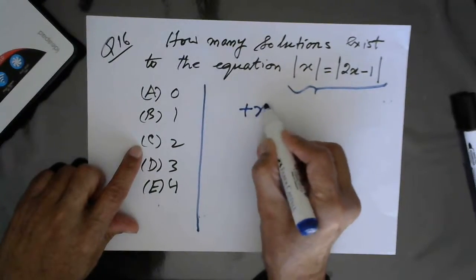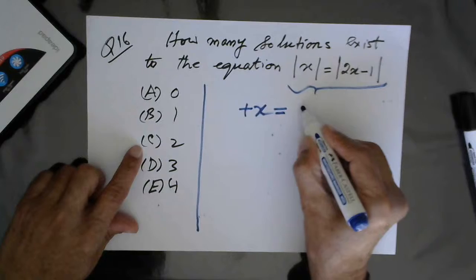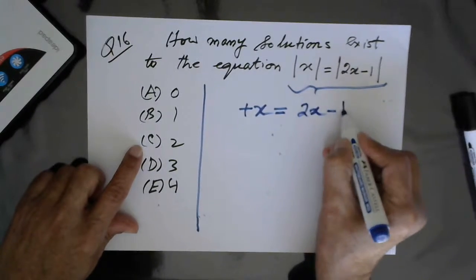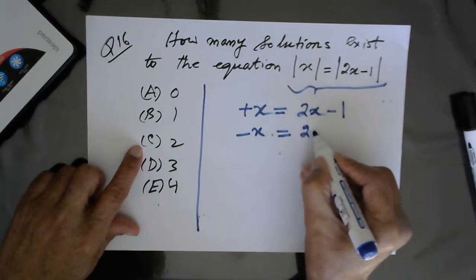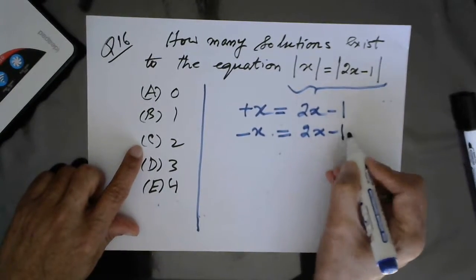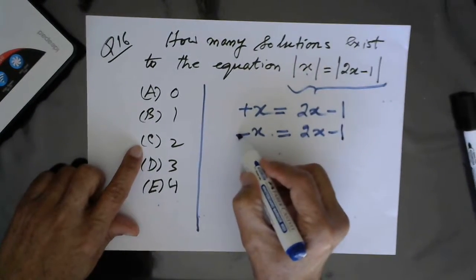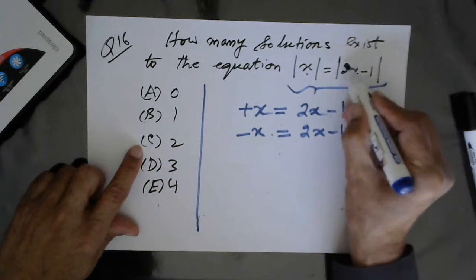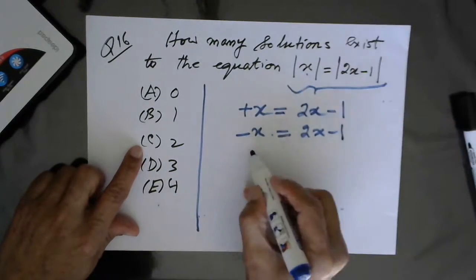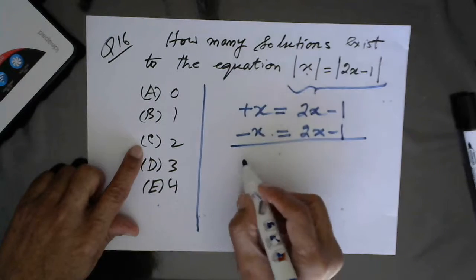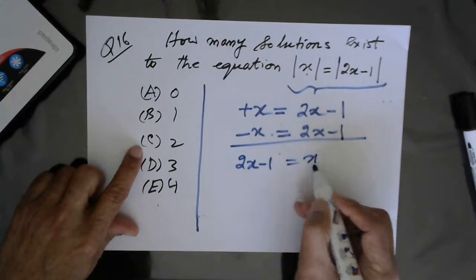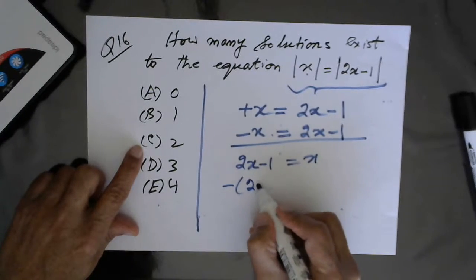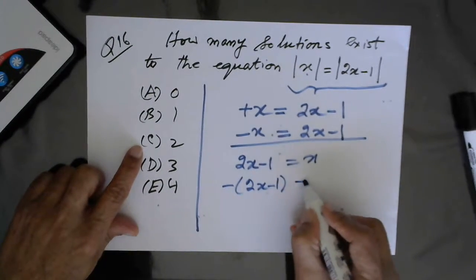Plus x is equal to plus 2x minus 1. Minus x is equal to 2x minus 1. I made it plus x, I made it minus x, and I did not change this. But now I'm going to change this. So minus 2x minus 1 is equal to x, and minus times 2x minus 1 is equal to x.